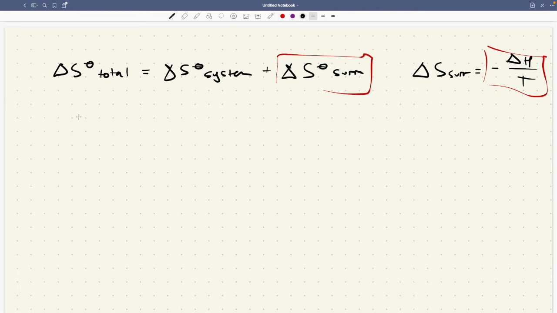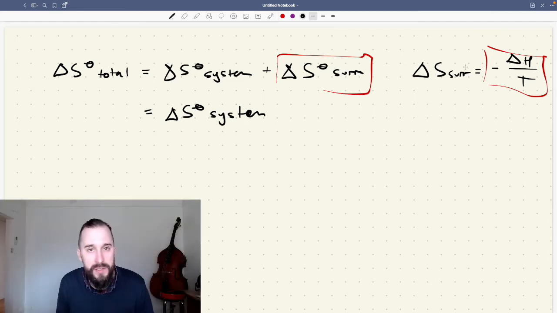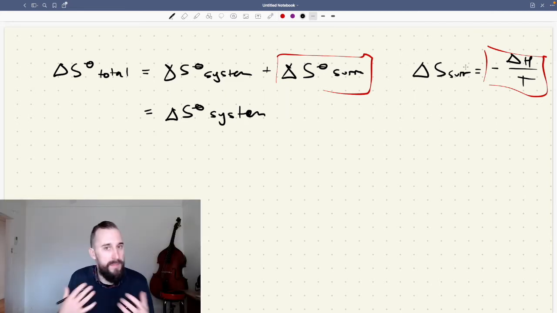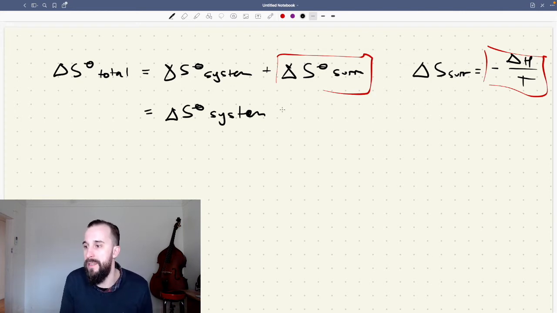Well, what we end up with is delta S of the total is equal to the delta S of the system plus minus, well, plus and a minus using your mathematic rules, that makes a minus. So if you add a minus, you end up with minus delta H of the reaction.